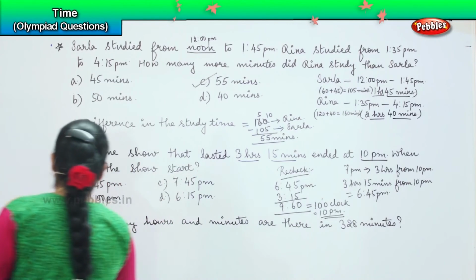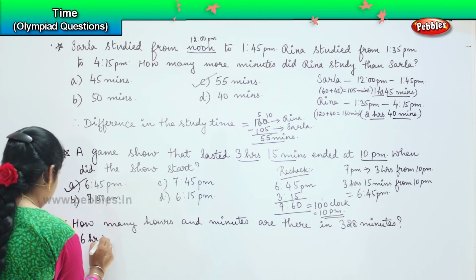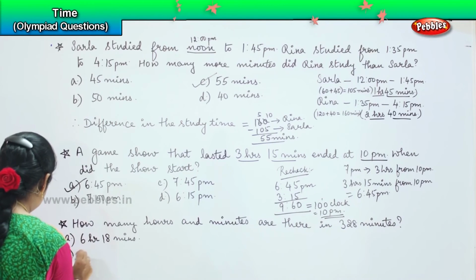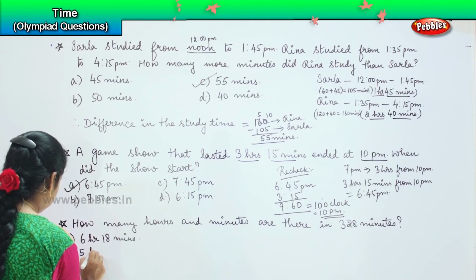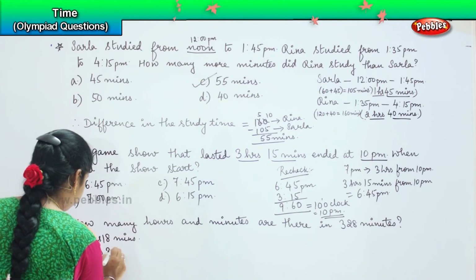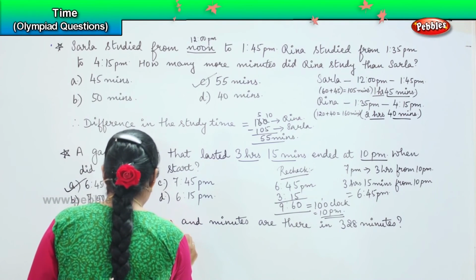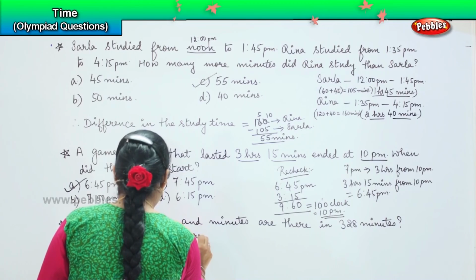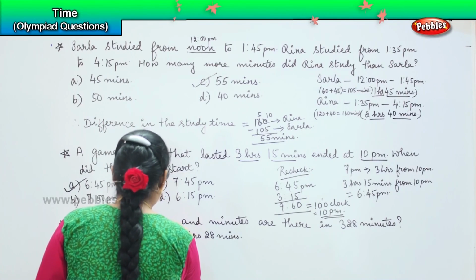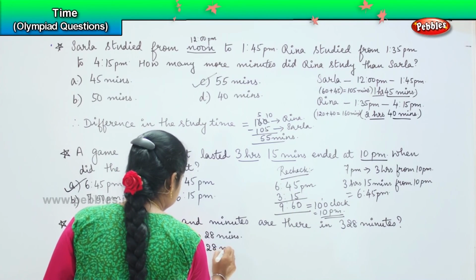Okay, and the options given here are option A 6 hours 18 minutes, option B 5 hours 38 minutes, option C 4 hours 28 minutes, and option D 5 hours and 28 minutes.